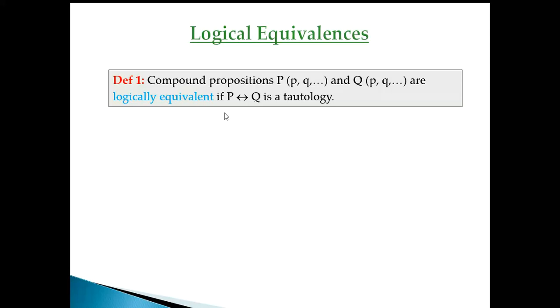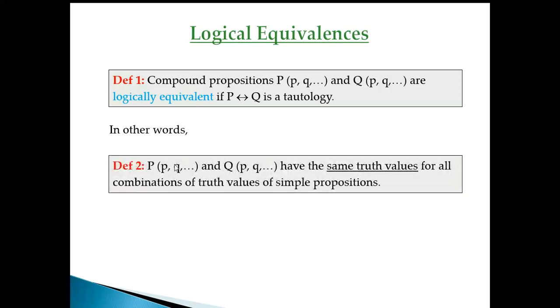In another way, if our two propositions P and Q have the same truth values for all combinations of truth values of the simple propositions, they are logically equivalent.